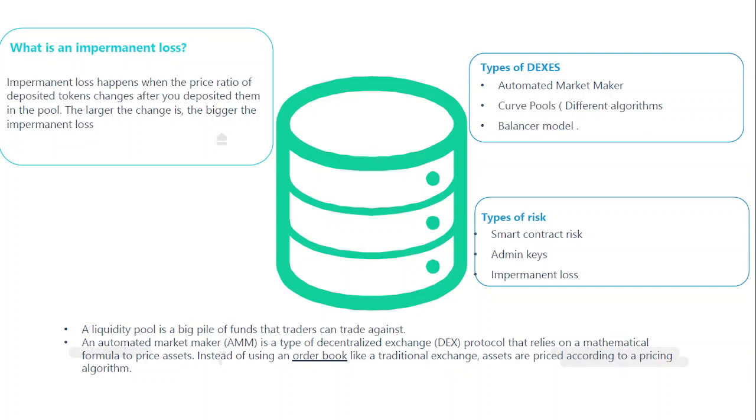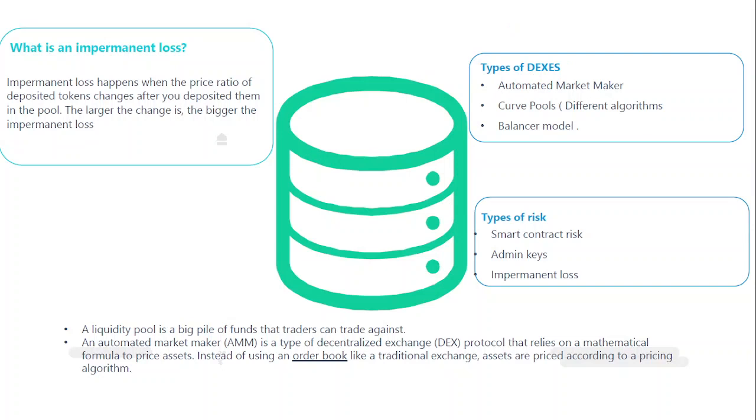In the case of Uniswap, the liquidity provider deposits an equivalent of 50% ETH, for example, if it's an ETH-DAI pool. They use a concept called constant product market maker, which is a 50-50 pool. That's one type of product that they use, a constant product market maker.